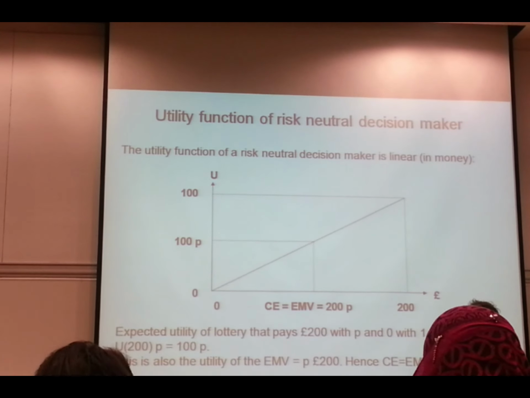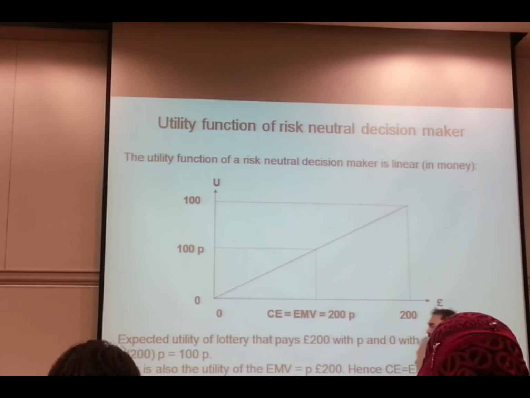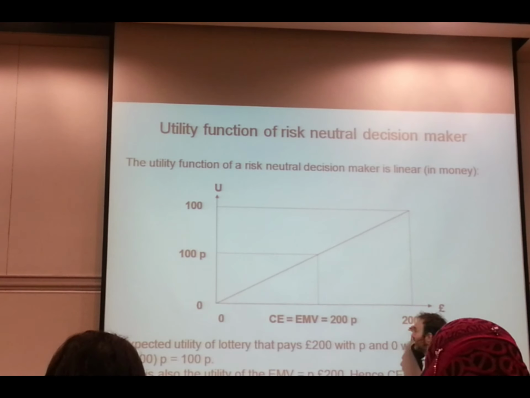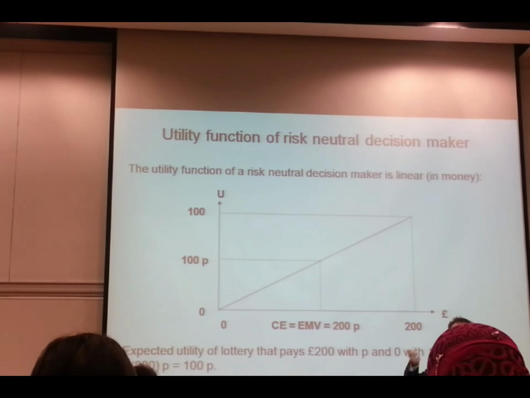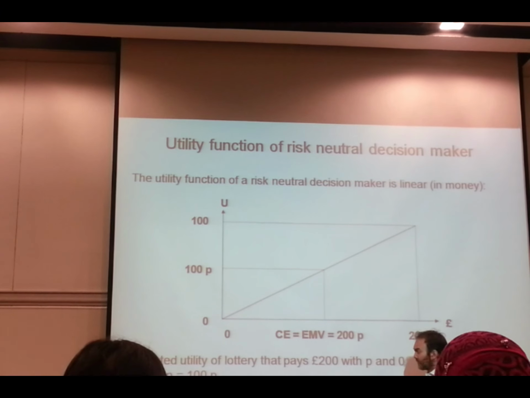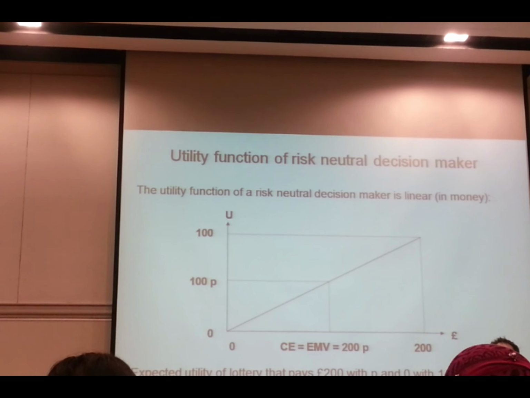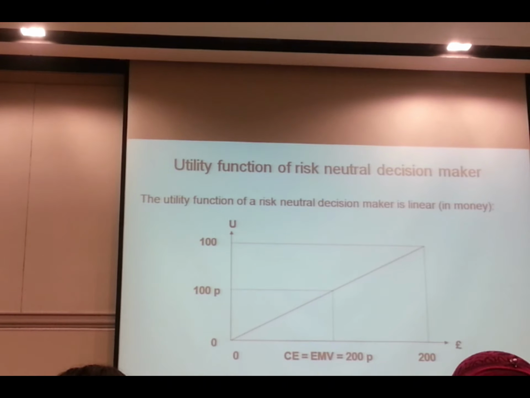What this means is that it doesn't matter whether I get a lottery ticket with 0 with a certain probability and 200 with a probability of P, or whether you get the expected amount of money for sure. So this is why the utility function of this risk neutral decision maker is linear.